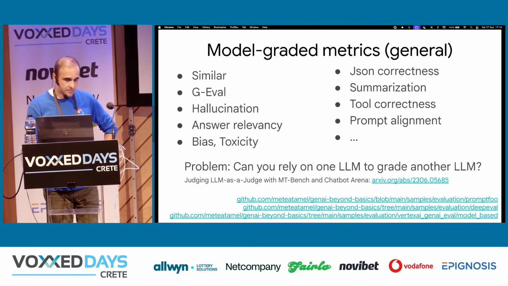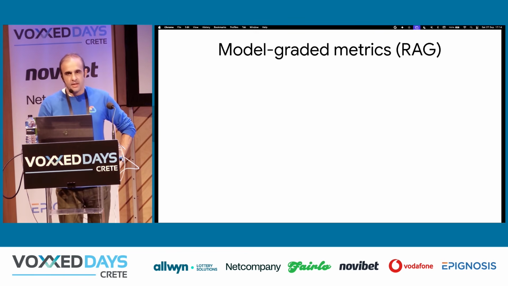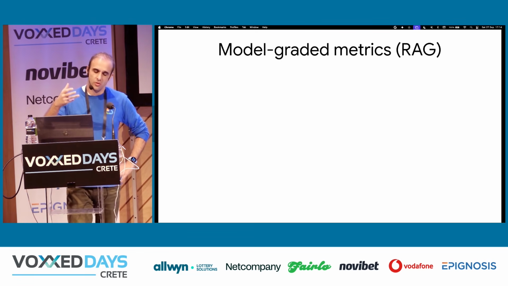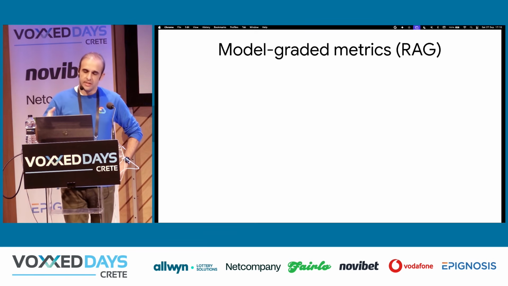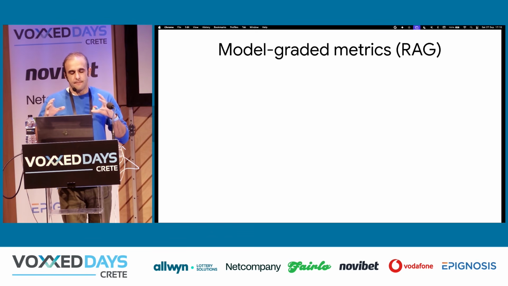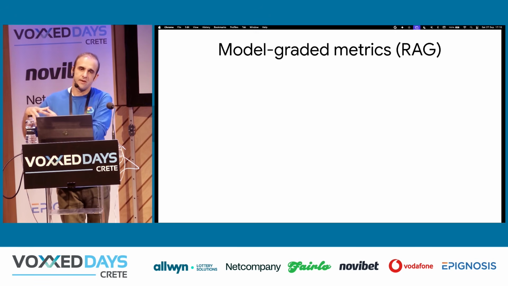So that's model-graded metrics. Then when you are building LLM applications, at some point, you want to ground your responses with your own data. And for that, you would probably use something called retrieval augmented generation. The idea of retrieval augmented generation is that you take your data and chunk it into smaller pieces. You put them in a vector database with their scores.